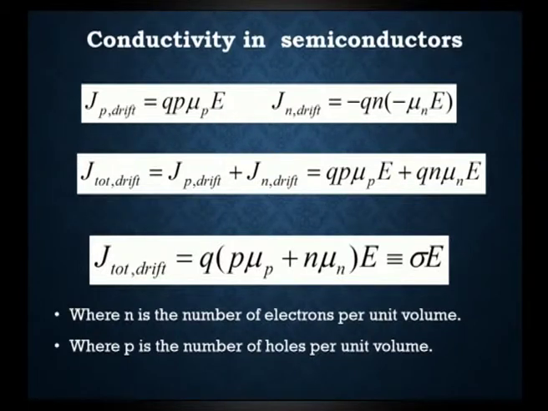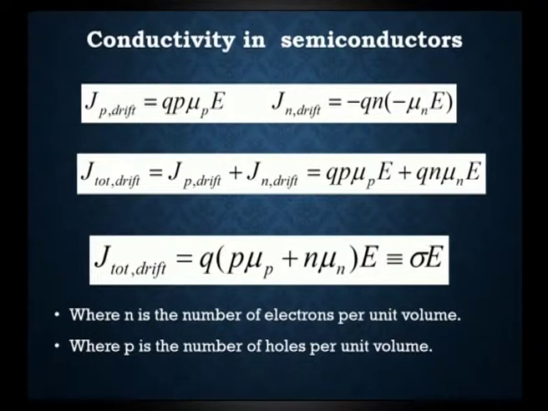The total current will be the p plus n contributions, where n is the number of electrons per unit volume and p is the number of holes per unit volume. That is what we consider in conductivity in a semiconductor. A semiconductor consists of holes as a minority or majority carrier, and electrons as a majority or minority carrier, depending on the type of material.